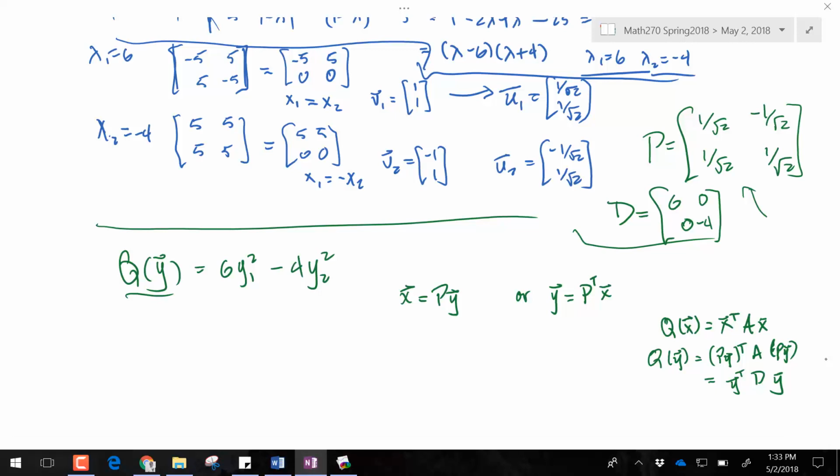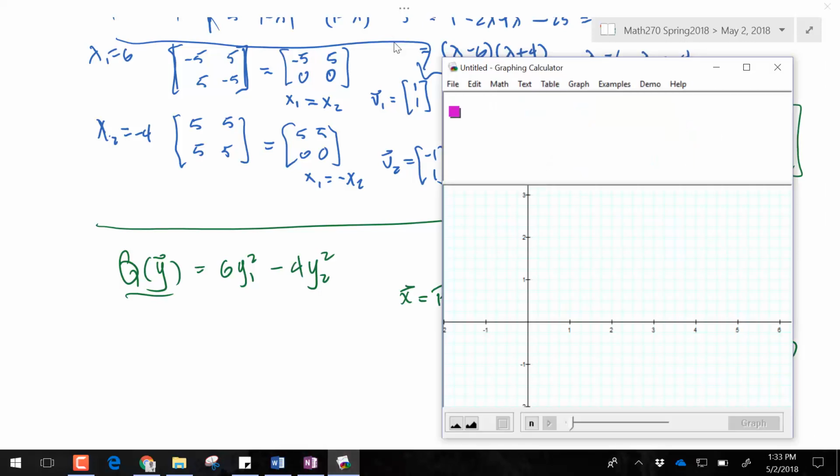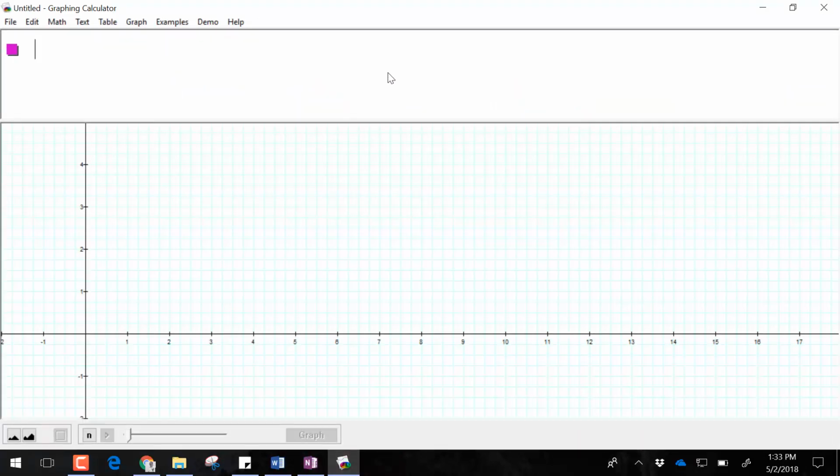All right, let's get my grapher out and take a look at how this thing looks. For us to view this better, we need to define what this quadratic form should equal, because a quadratic form by itself will end up looking like a piece of a surface.